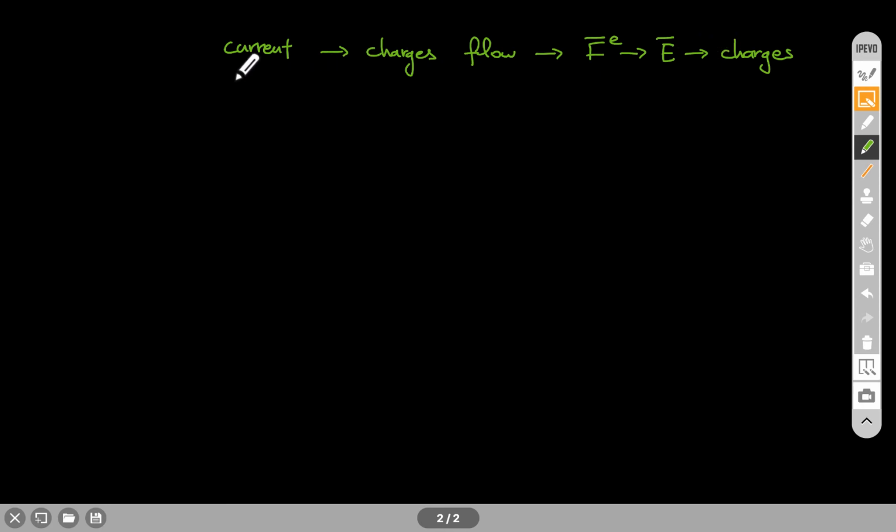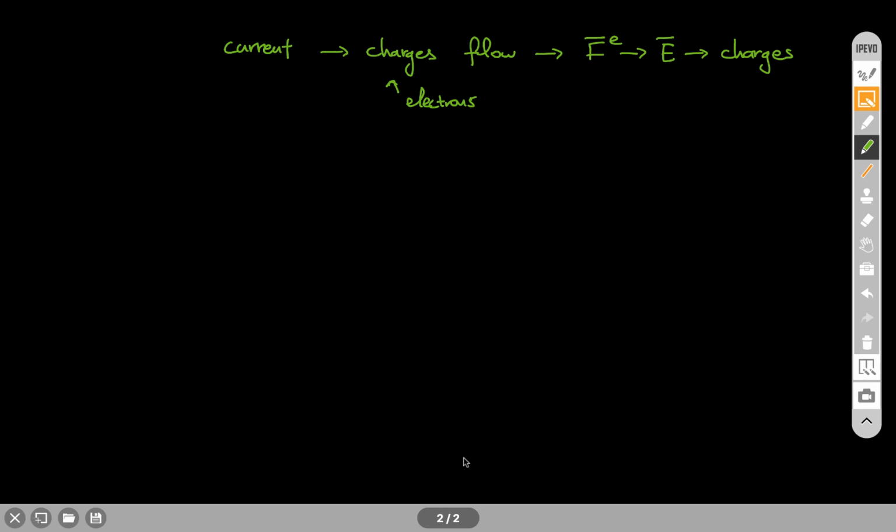So this is my thought process. To have a current, I need to have charges flowing, and in most cases these charges are really electrons. Now, to have electrons flowing, I need to have an electric force acting on them, and that means I need to have an electric field. And to create an electric field, I need to have some charges.